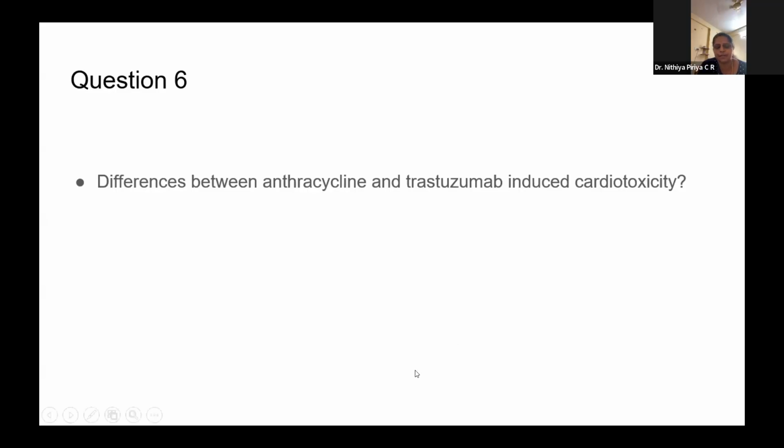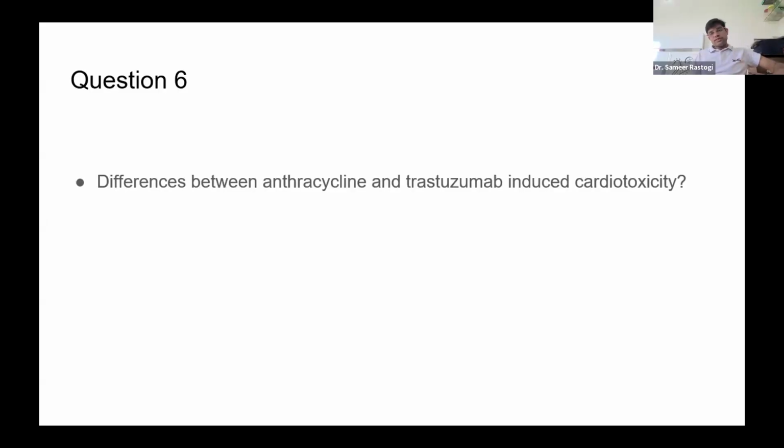Sir, in anthracycline, cardiotoxicity is mediated by reactive species, and it accumulates. In trastuzumab, it is the anti-HER2 mechanism, where HER2 normally protects the heart. When trastuzumab is given, it blocks HER2, and so the myocardiocytes get damaged.